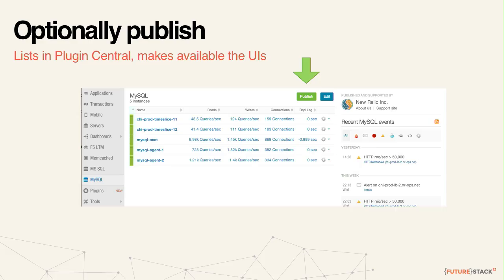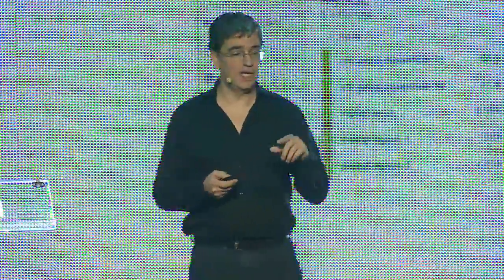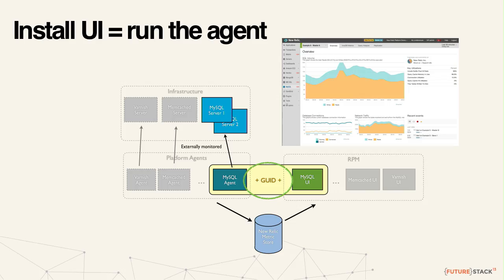But if you want to share that out with others, you press the publish button, and what that does is it makes a copy of all the UI that you've built. So when you hand out the agent, say distribute it via GitHub or however, when someone runs that agent, they're going to get those metrics in their environment. They're going to get those charts and those tables, those dashboards, those summary metrics.